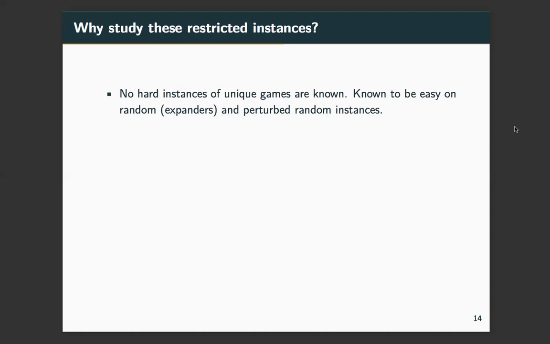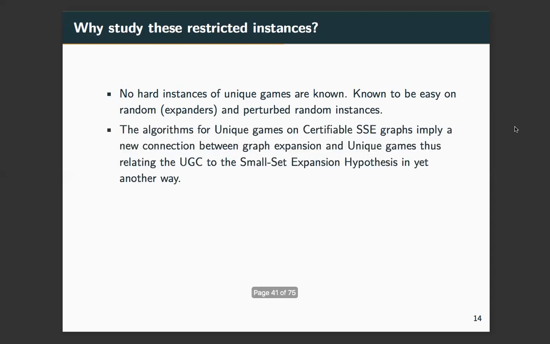Contrast this with 3SAT, for which random instances are conjectured to be hard at the satisfiability threshold. The algorithms for unique games on certifiable SSE graphs that we give imply a new connection between graph expansion and unique games, thus relating and deepening the connection between the UGC and the SSEH.